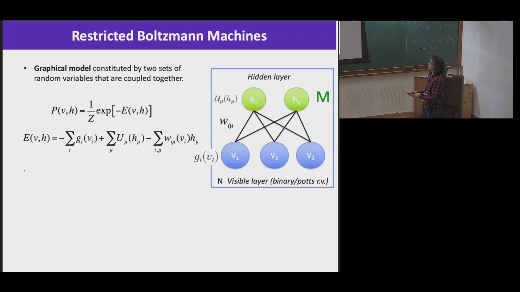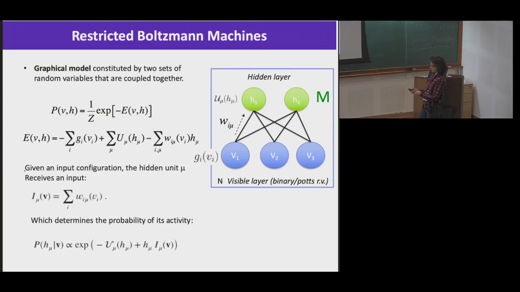And so, for example, first of all, given a configuration, you can calculate the input that the hidden variable receives as the projection of the configuration on the weight vector, and this is this term.